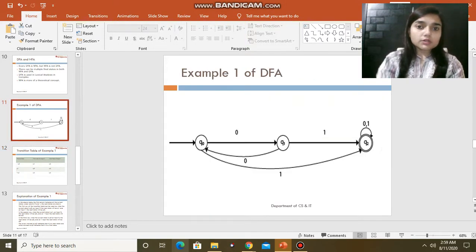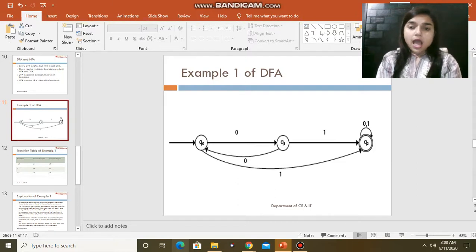From the diagram, on giving 0 to the state Q0, we reach Q1, and on giving 1 to Q0, we reach Q2. In case of Q1, on giving 0, it reaches Q0, and on giving 1, it reaches Q2.